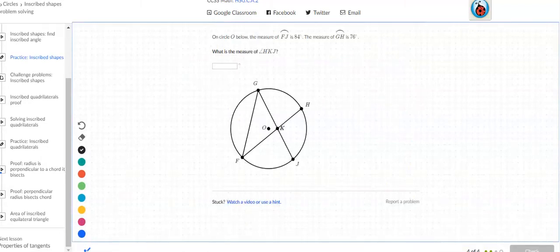Alright, next one. From circle O, arc FJ is 84. For this one we get to label our own. Arc GH is 76. What is the measure of HKJ?